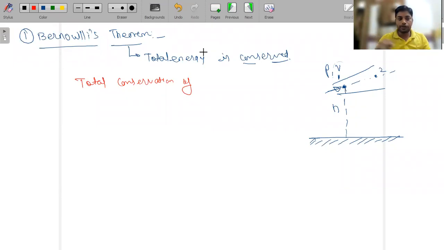The total conservation of energy will be equal to a constant.